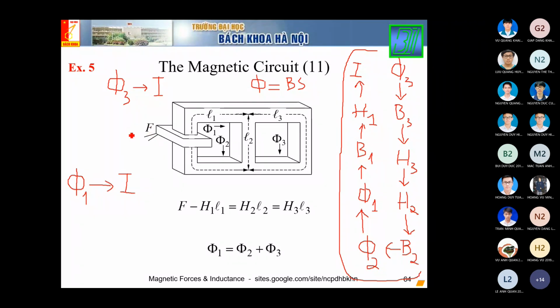The total current. Okay, give me one minute. F here is the number of turns multiplied by the current. F is Ni. F is the electromotive force, EMF. I see. Total magnetomotive force.